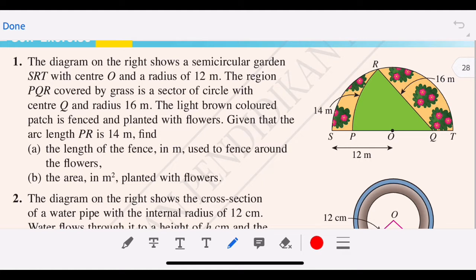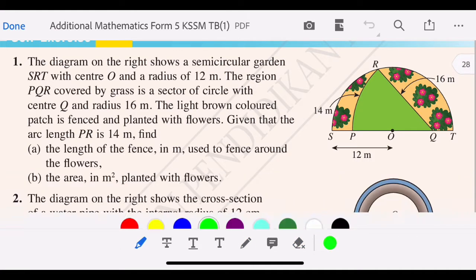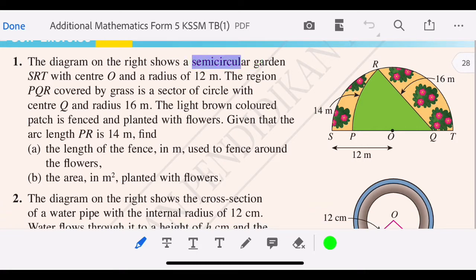The diagram on the right shows a semicircle. When I read, I always highlight the keywords. Semicircle garden SRT with center O and radius 12 meter. The region PQR is covered by grass.